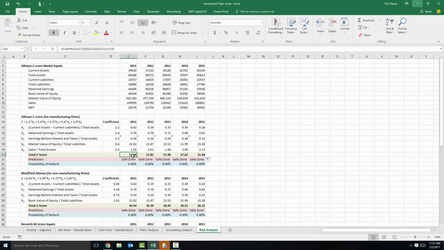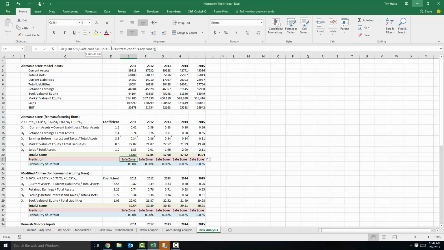Now what this gives us is a total Z-score. The Altman model works by looking at the Z-score and saying that if it's below a certain value, then it's safe, if it's above a certain value, and so on. Here on row 21, we can see the prediction. It says safe zone. If you look at the formula that I created, it says that if the value is above 2.99, it's safe, meaning that it's probably not going to go bankrupt.